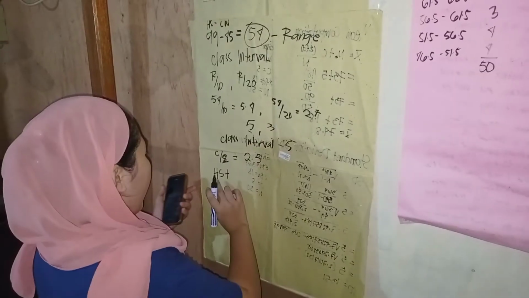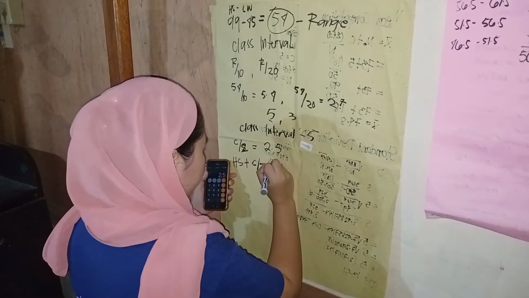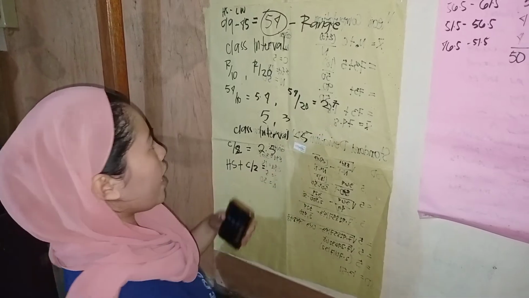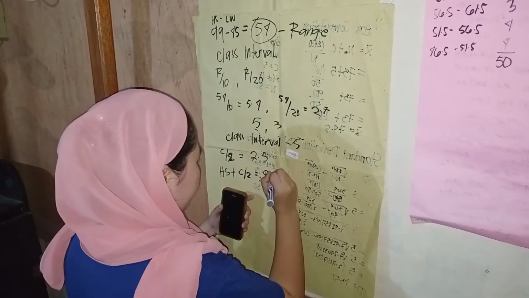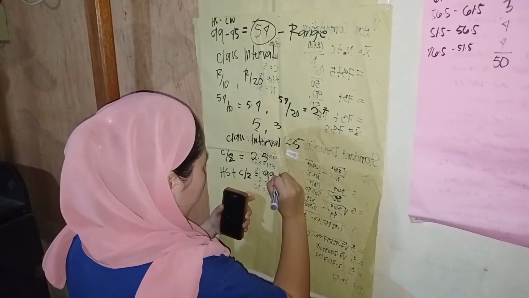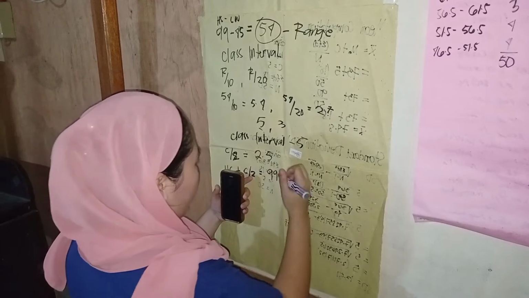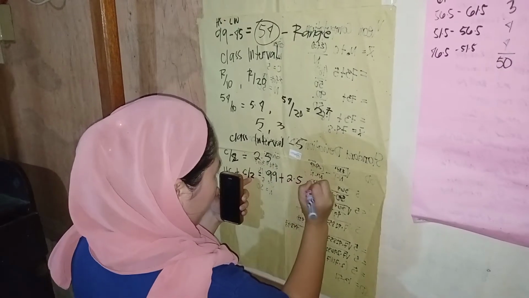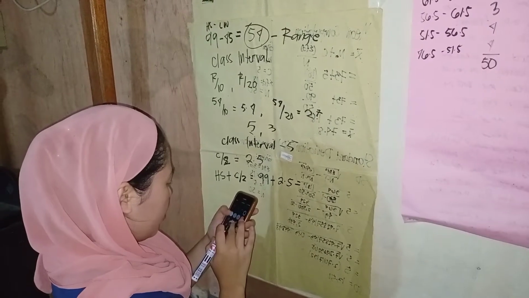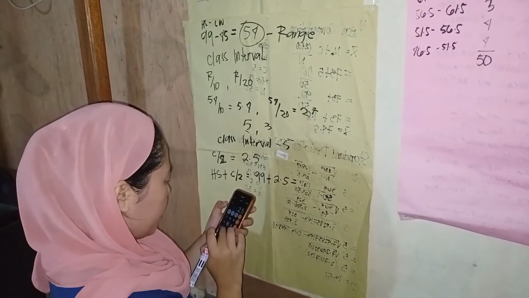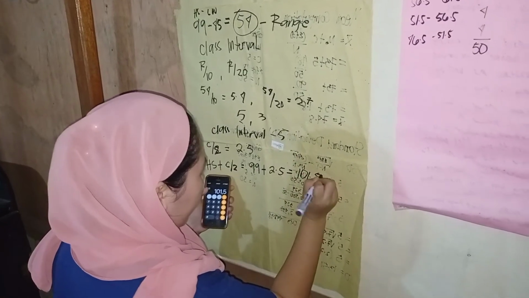And so highest score plus class interval divided by 2: our highest score is 99 plus 2.5 equals 101.5.